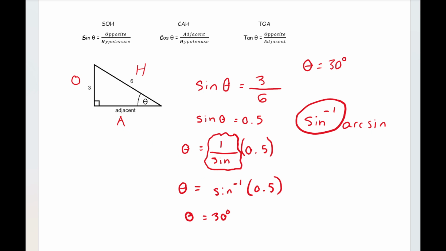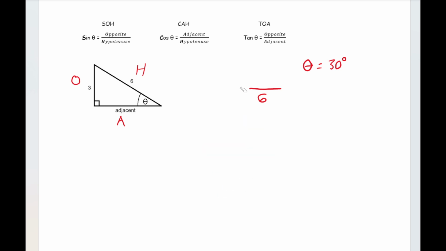And now all that's left to solve for is our adjacent side. So I'll clear this out. That was the only tricky part. Now all that's left to do is solve for our adjacent side A, and it's easy, just like our previous example, following the same exact steps. So to solve for the adjacent, we know we need something that uses an A. Up here we can either use the CAH or the TOA.